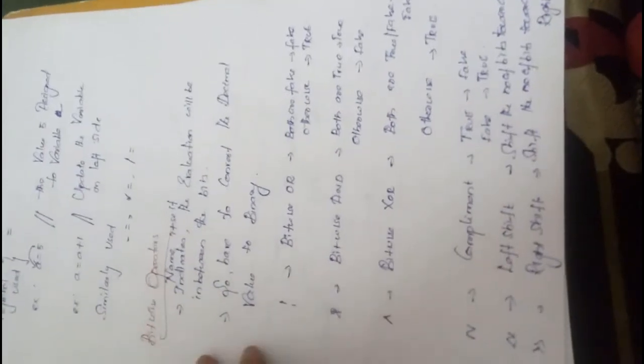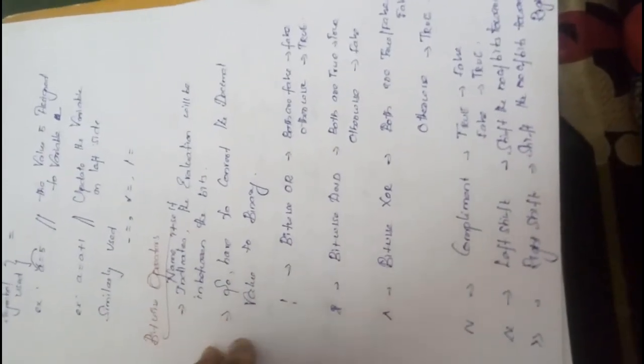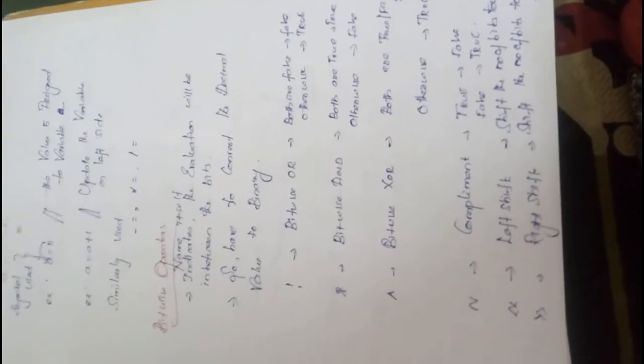So next one is the bitwise operator. From the name itself, it indicates the evaluation will be between the bits. Whatever value we are given should be converted into a binary number, whether it is decimal, hexadecimal, octal, whatever it is.